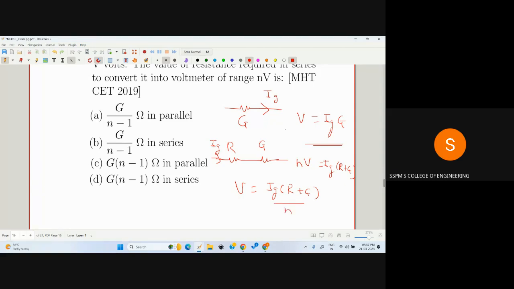Now you can compare these two equations, equation 1 and equation 2. In equations 1 and 2 the left hand side is the same, so the right hand side will also be the same. So the right hand side can be compared from equation 1 and 2.